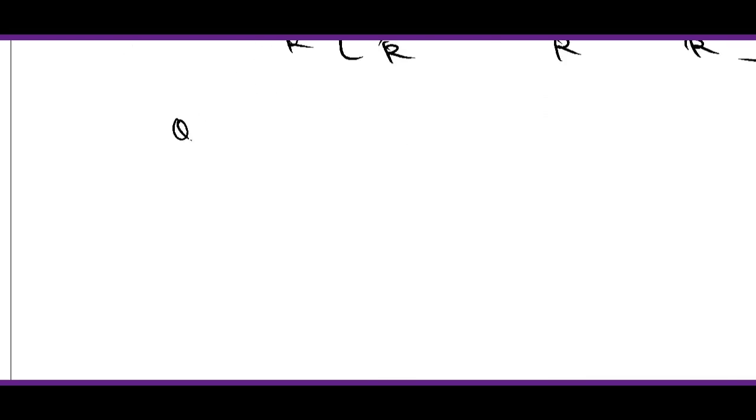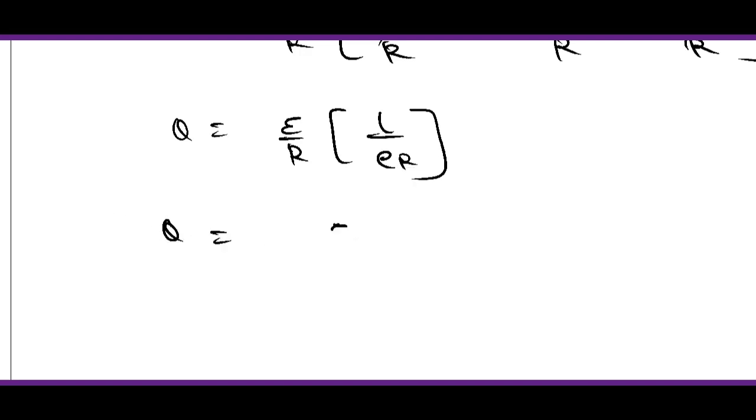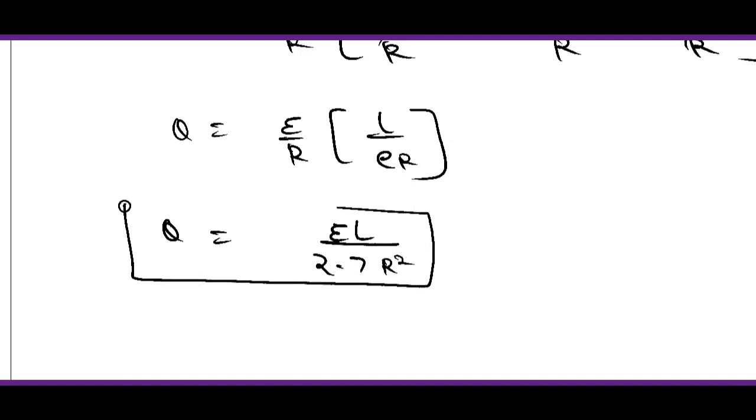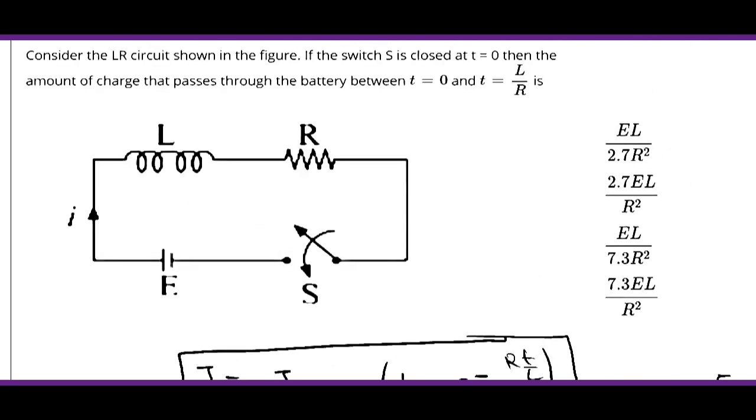So q equals E by R into L upon eR. So q equals EL by 2.7 R squared. This is our answer for the charge flown in the circuit. So our option A is correct. Thank you.